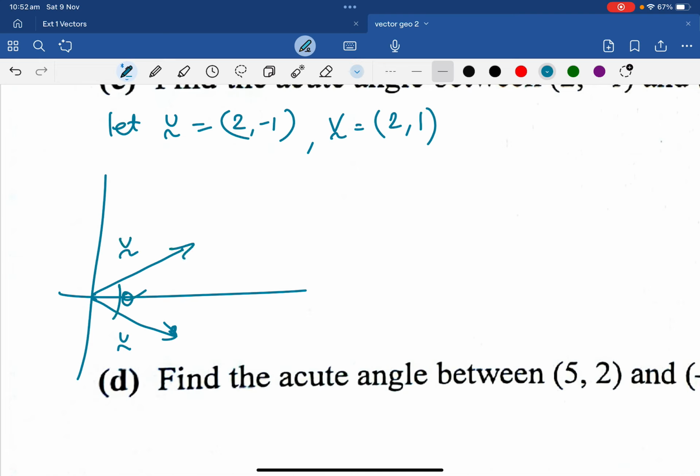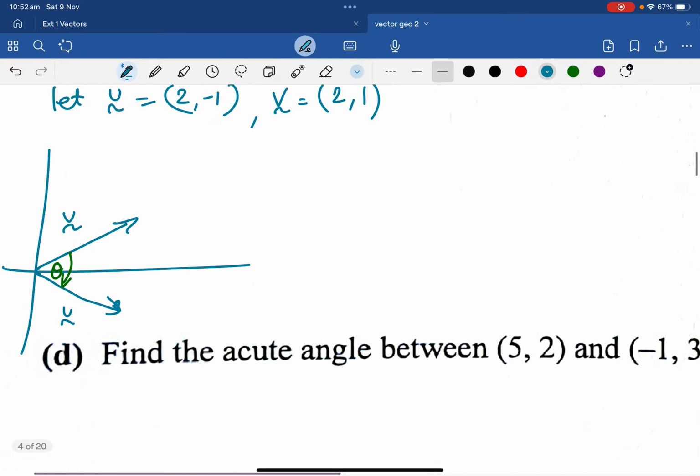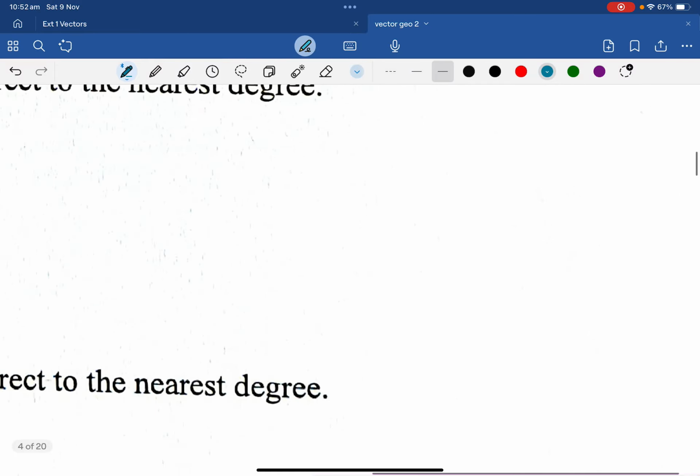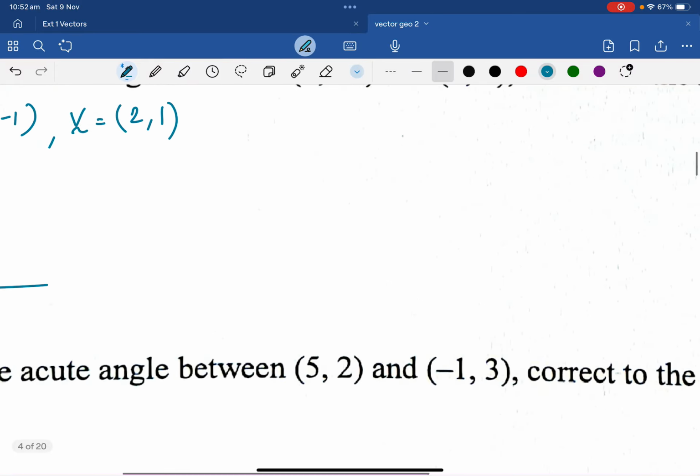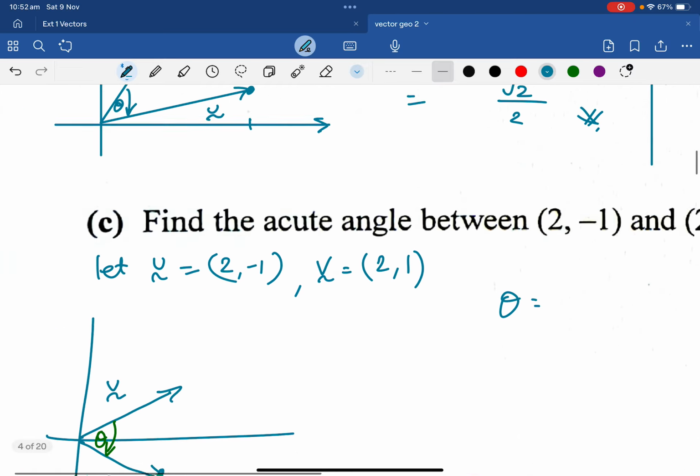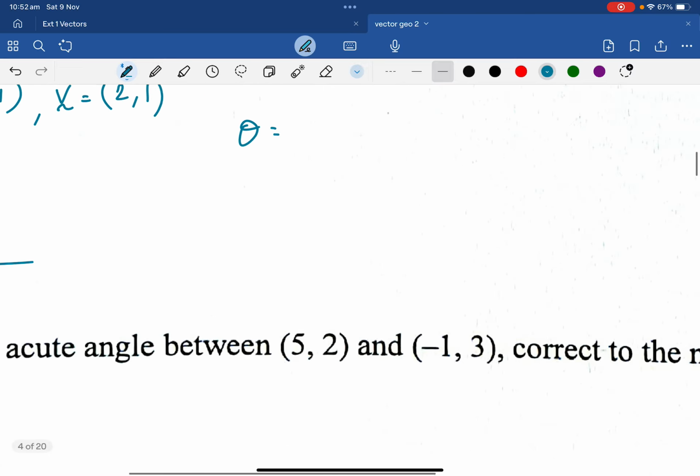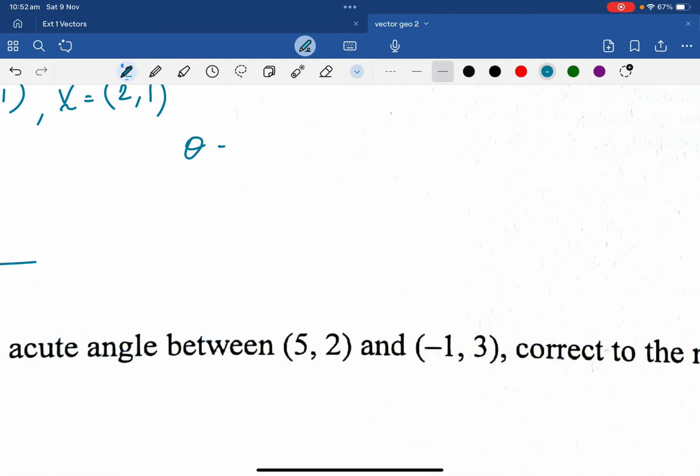Okay, and they want the theta here. They want the theta there. Simple. So all we need to do is find the acute angle. Oh, so they only have the angle. So now we can go full theta.